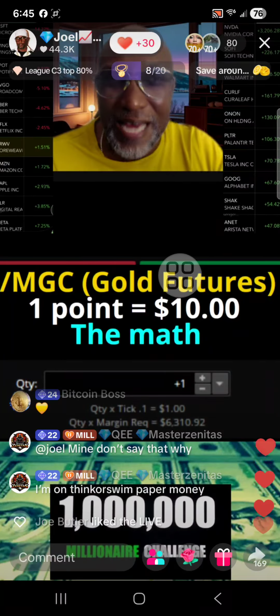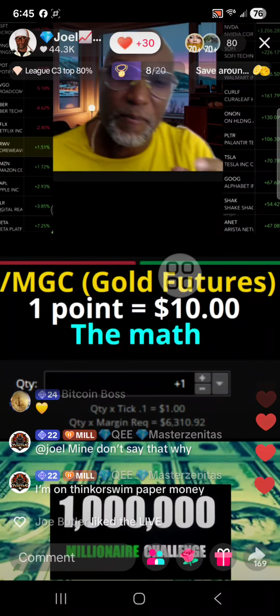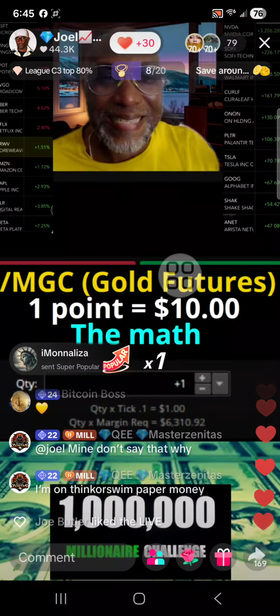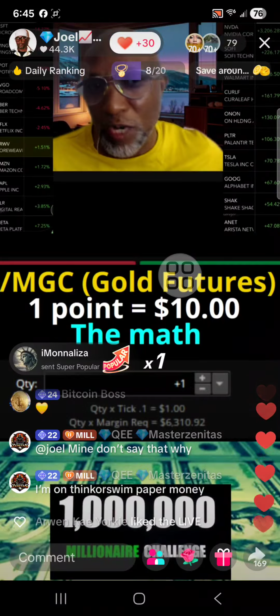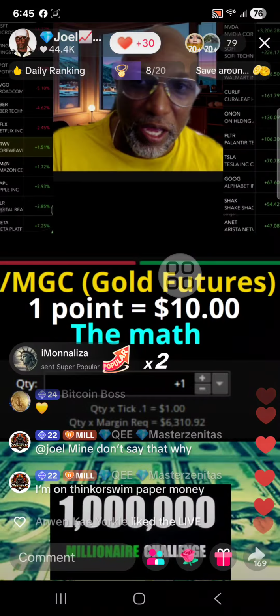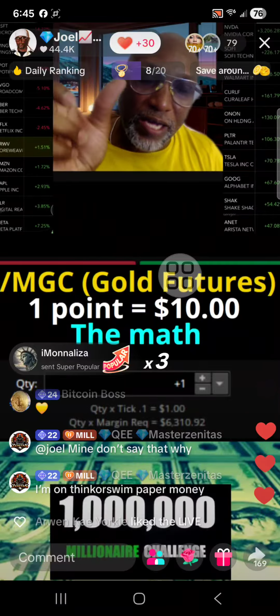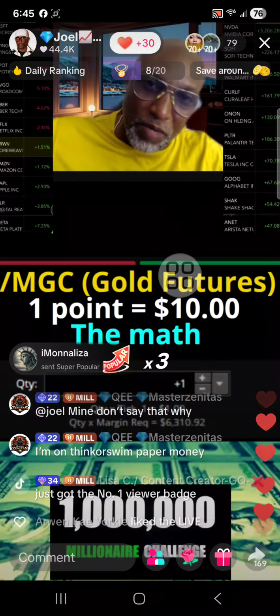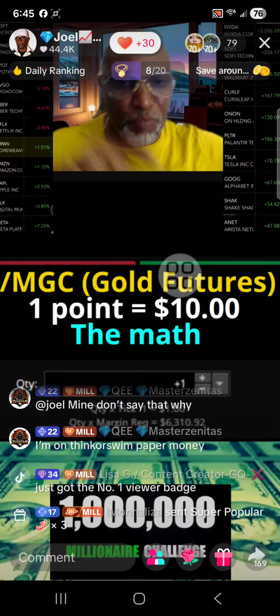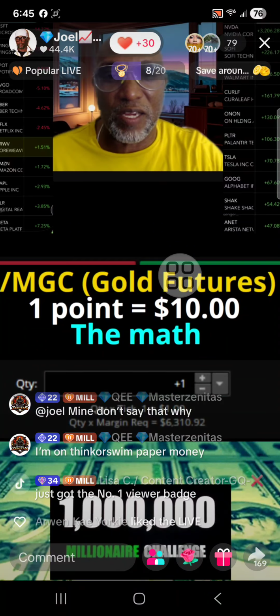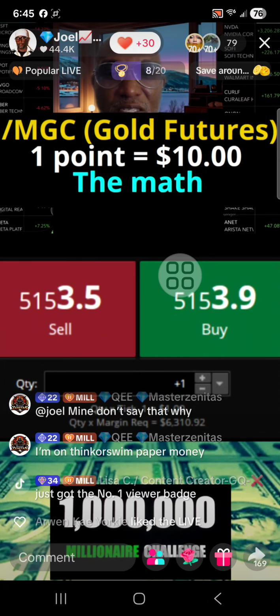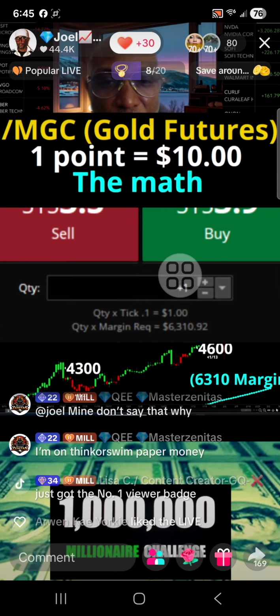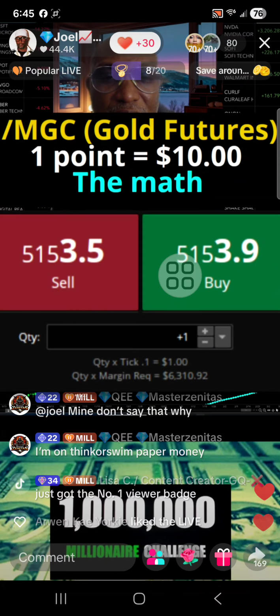You're going to see a tab that says DB. All right. That's dashboard. When you click that dashboard, if you have the futures contract, if you type MGC and go to dashboard, you're going to see something that looks like this. If you do it correctly, you're going to pull up something that looks like this.